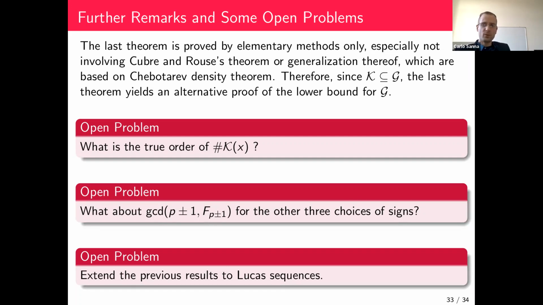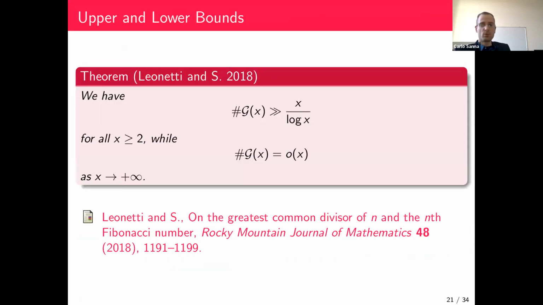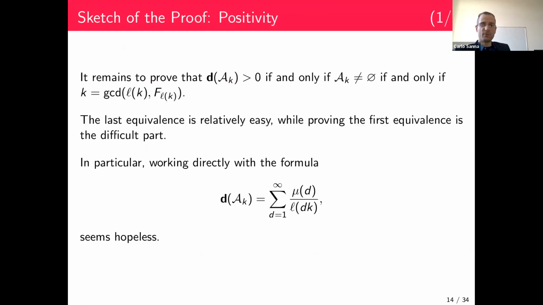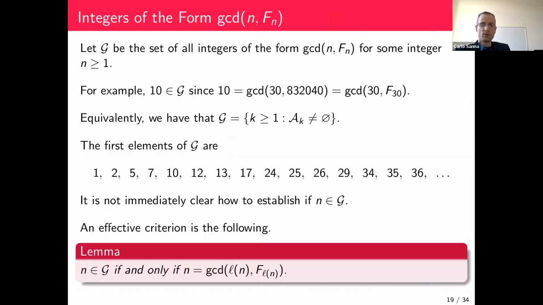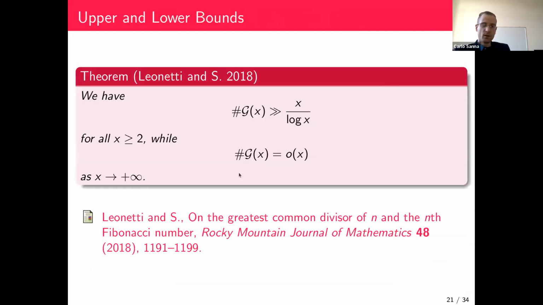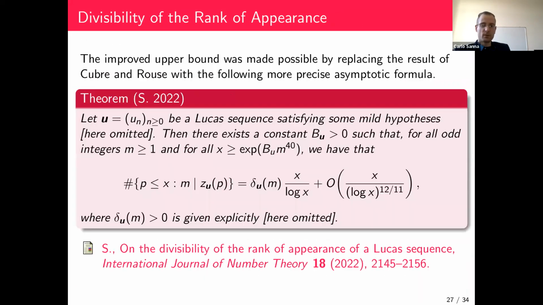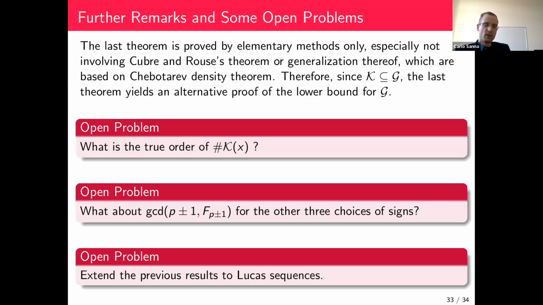And we do not have a conjecture, but probably if somebody tried to plot a graph similar to, where is it, to this one, one can come up with some conjecture. Anyway, what the order is, is an open problem.